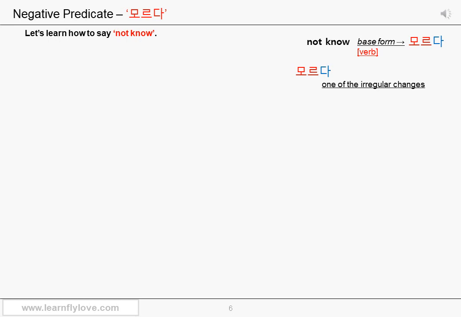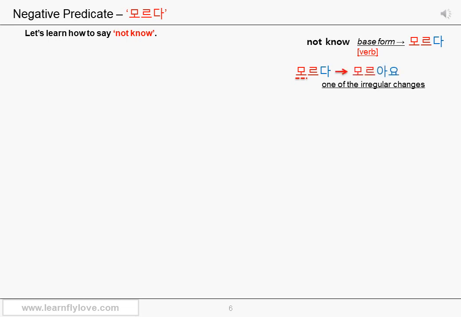Where there is an ㄹ sound with a vowel at the end of the stem of a verb or an adjective, you need to see the letter right before the ㄹ letter and see if it has a yin vowel or a yang vowel. If it has a yang vowel, such as ㅏ or ㅗ, you should add 아요.